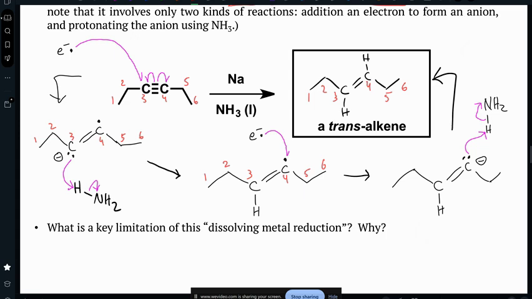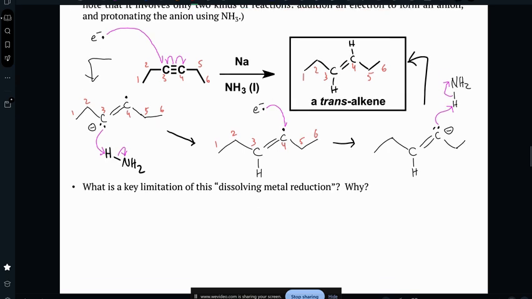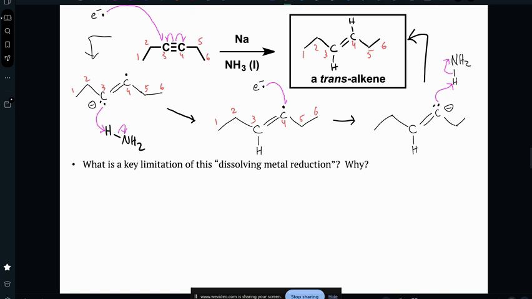Notice that a byproduct here is we produced two molecules of NH2 minus, or two NH2 minus ions. We produced one in this step, and we produced one in the last step.